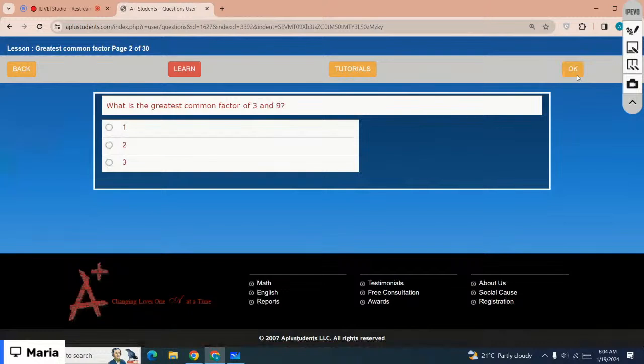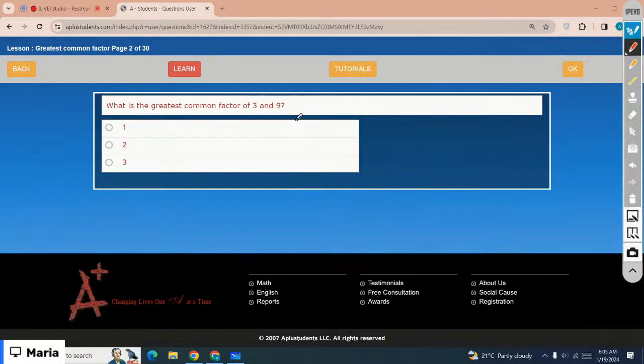What is the greatest common factor of 3 and 9? Which is the correct option? Okay, let's write down the factors. Factors of 3: 1 and 3. The factors of 9: 1, 3, 9.